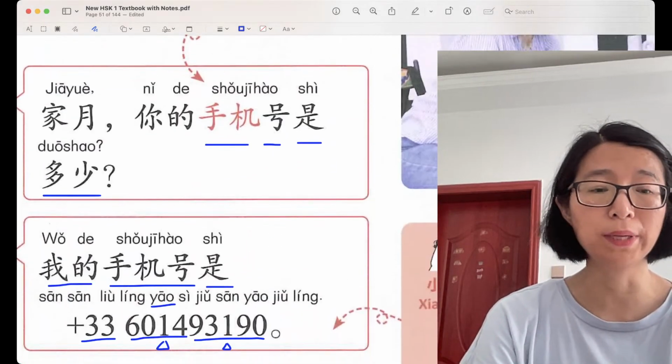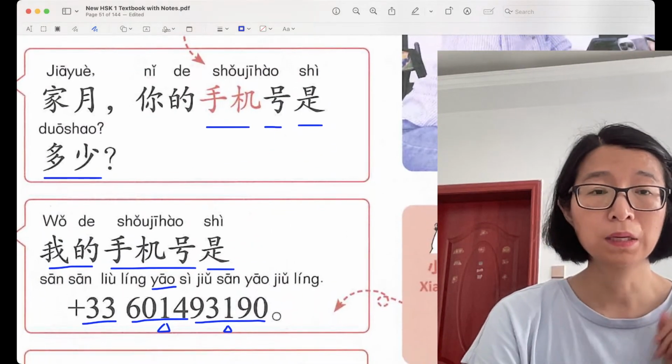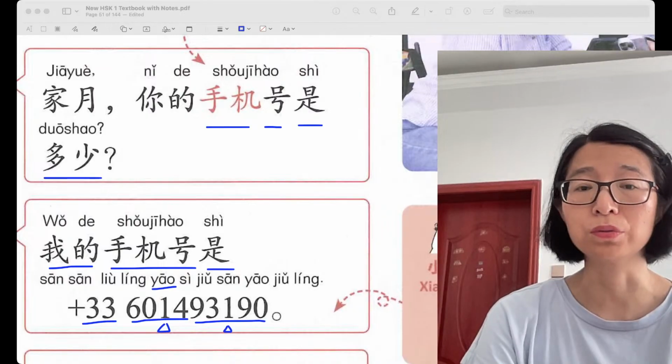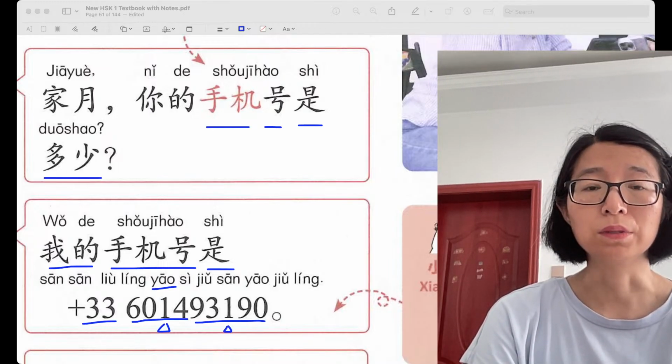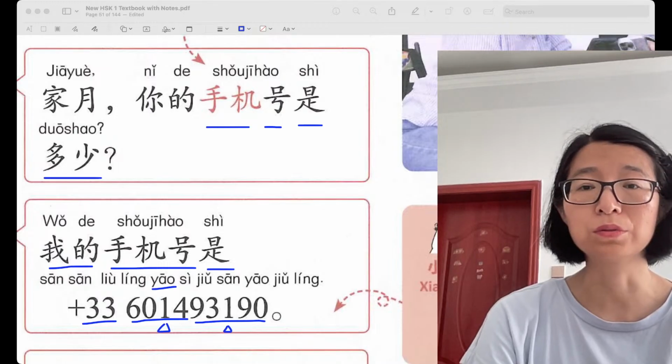Guys, I'm going to play the audio. So this time you are going to listen carefully about the audio and also repeat. So in this way, you are going to master the pronunciation.